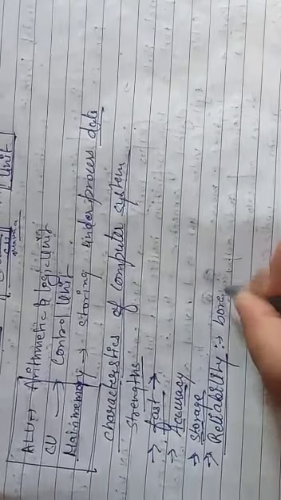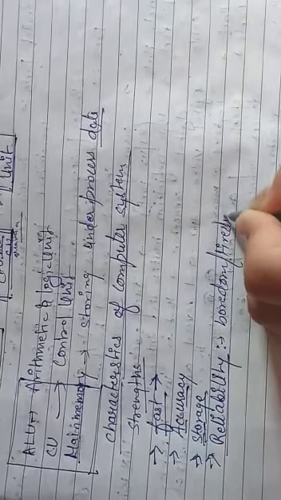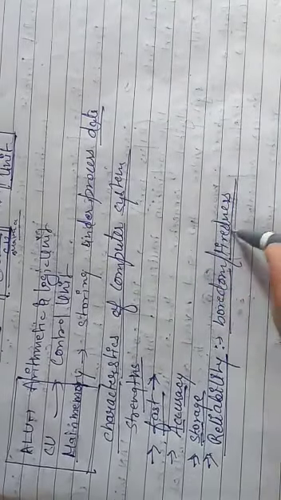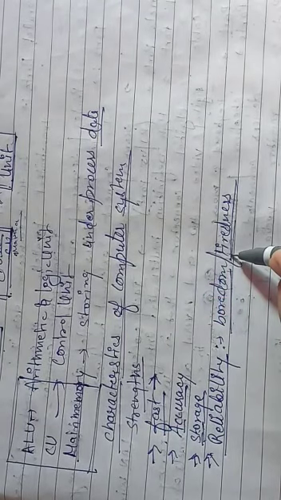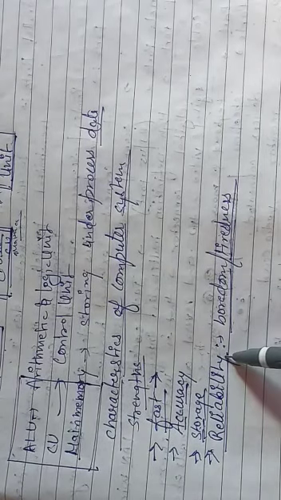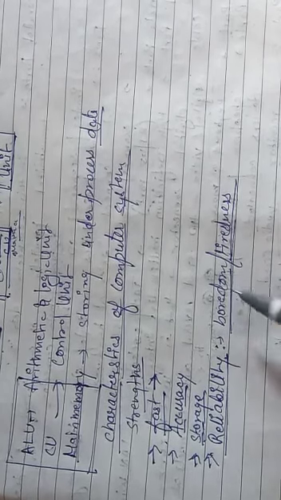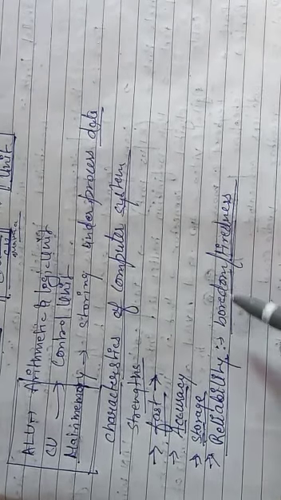Reliability means it is safe from boredom or tiredness. Computers will not get tired if we work for long hours, or get bored with the same work done repeatedly. Human beings easily get bored or tired if they work continuously, but computers can work with the same efficiency for a long period of time.